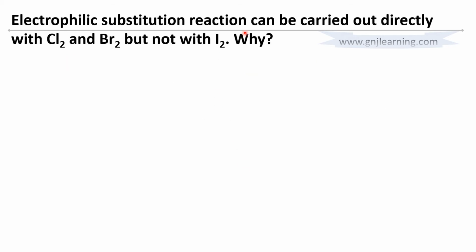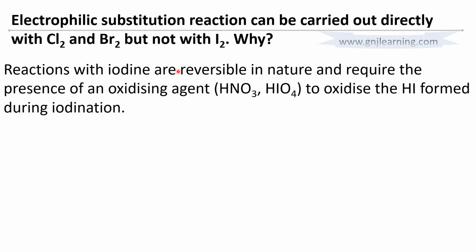Electrophilic substitution reaction can be carried out directly with chlorine and bromine. We have said that already, right? In electrophilic substitution we were using halogens, either chlorine or bromine, but not iodine. Why? Because the reaction with iodine is reversible. We have studied that iodine is reversible. Reactions with iodine are reversible in nature and require the presence of oxidizing agents like HNO3 or iodic acid to oxidize the HI formed during iodination.